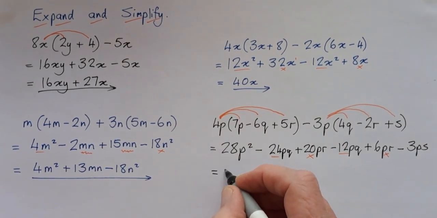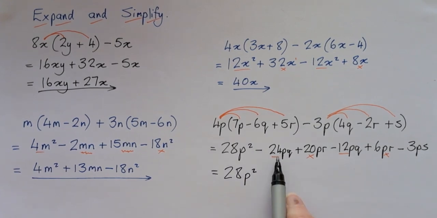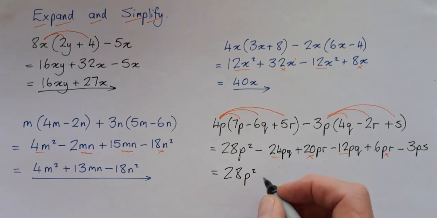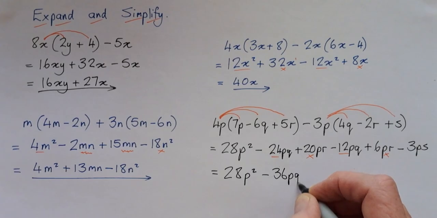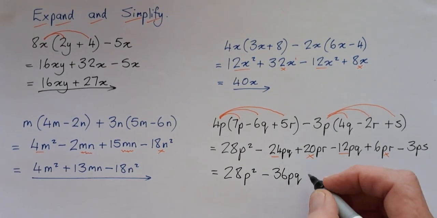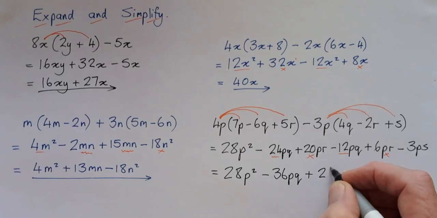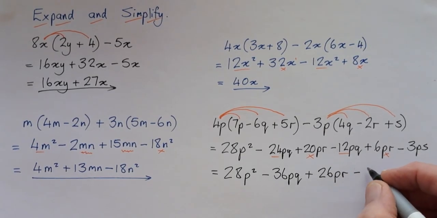The 28p squared is not being added or subtracted to anything. And now let's work with these two. Negative 24 minus 12 is going to give me negative 36pq. Looking at the pr terms, 20 plus 6 is going to give me positive 26pr, and that term is going to remain as it is.